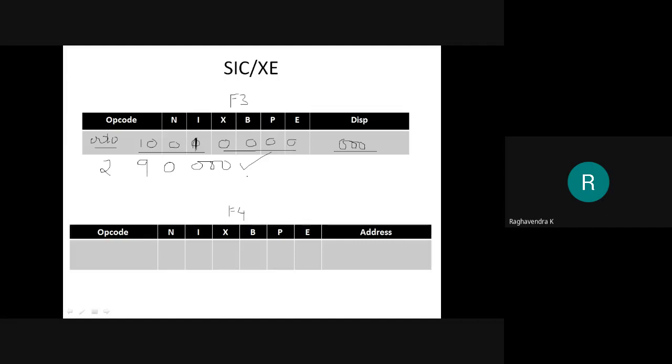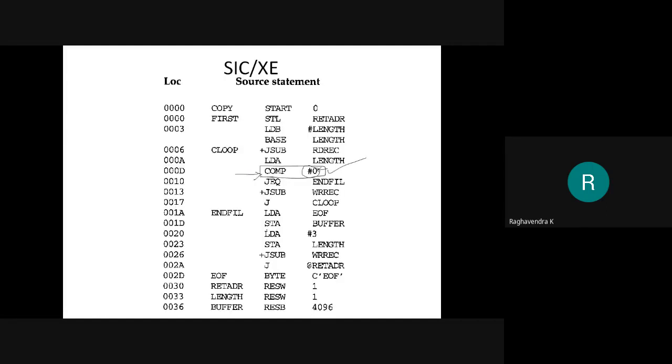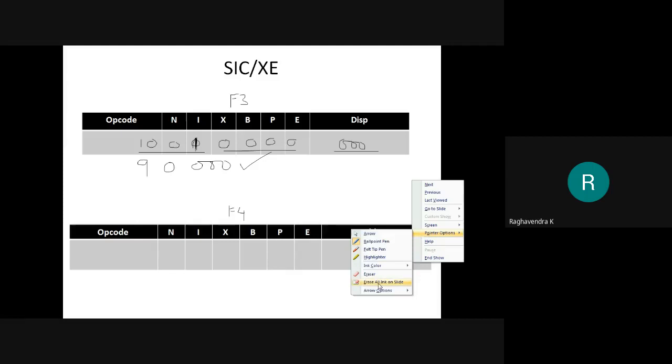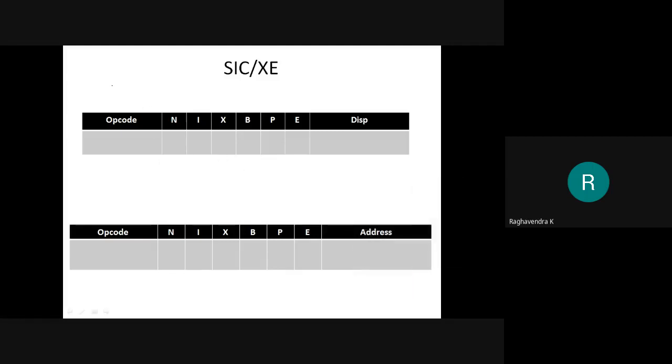There is one more instruction that is similar. I believe you can assemble this instruction: LDA #3. Can anyone tell me what would be the value for that? LDA #3. LDA value is 00, by the way.